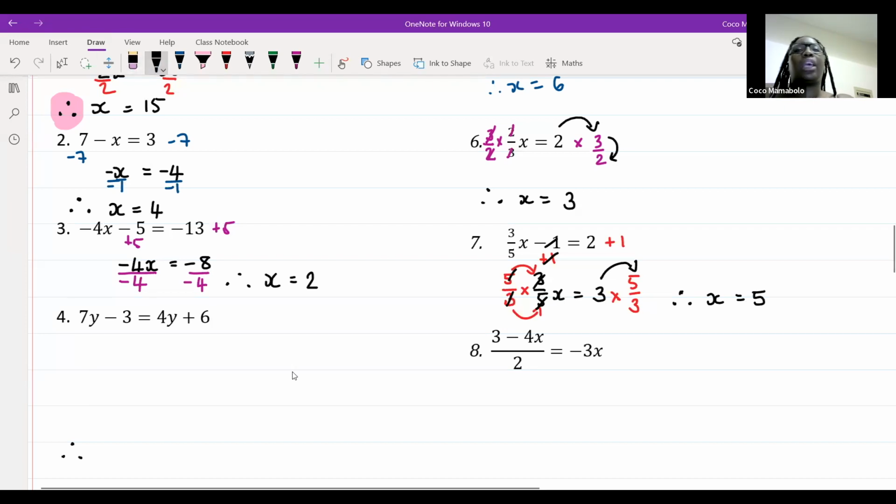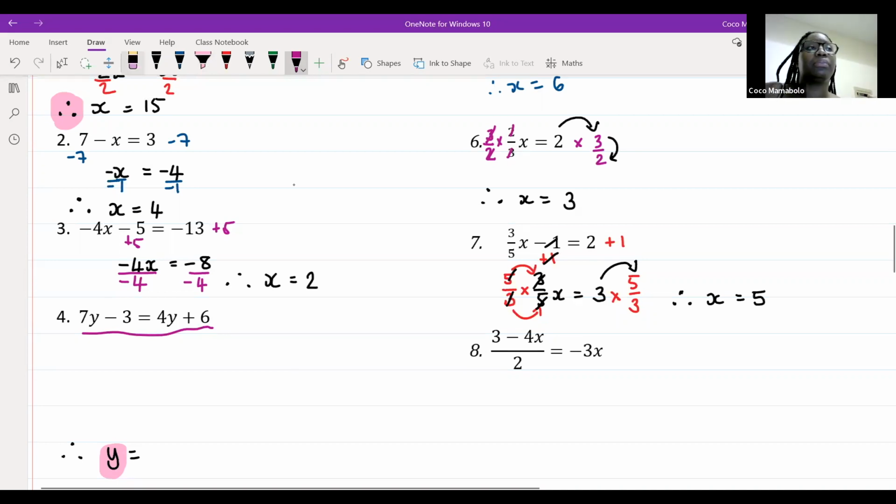So we're going to do a lot of operations, and what we want at the end is y is equal to something. That's what we're getting to. Now, this tells me that I want my y on the left-hand side. So if I look at my equation, I want everything with a y on the left-hand side and everything that doesn't have a y on the right-hand side.